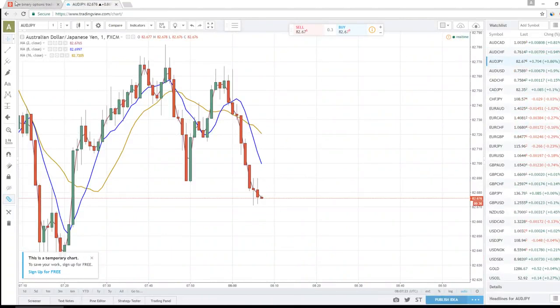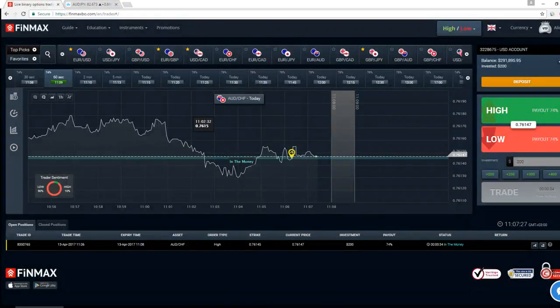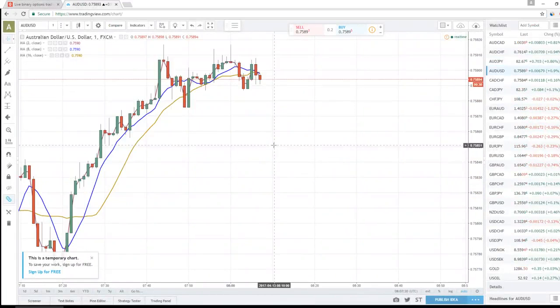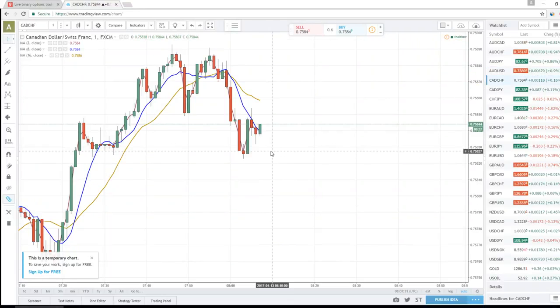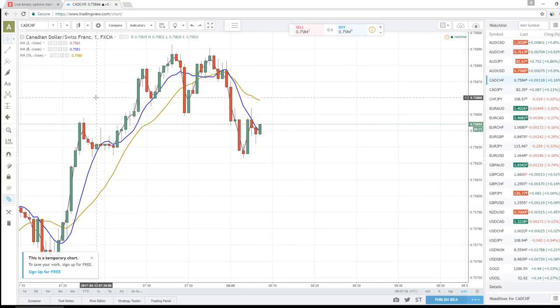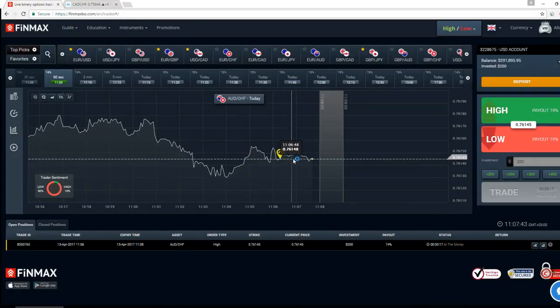Right now it's not in the good direction for me, for my trade. Meanwhile I'm checking the other assets. Right now something interesting as well: Canadian dollar to Swiss franc, also for high.